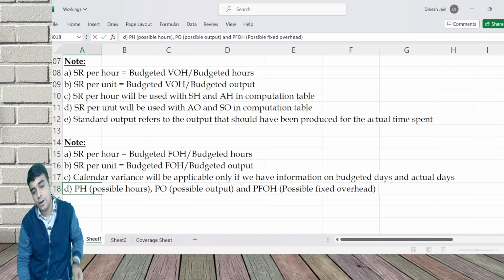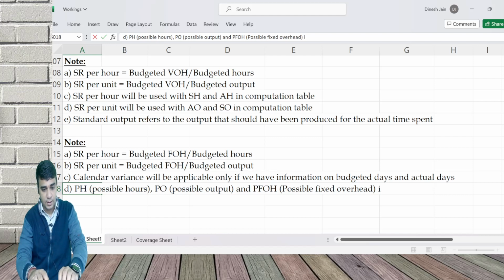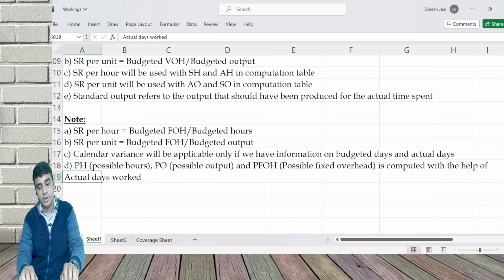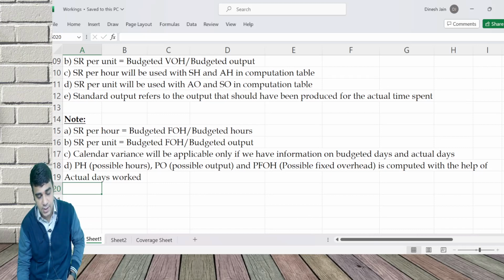Possible hours, possible output, possible fixed overhead is computed with the help of actual days worked. How is this done? You will understand in a problem. It is computed with actual days worked.